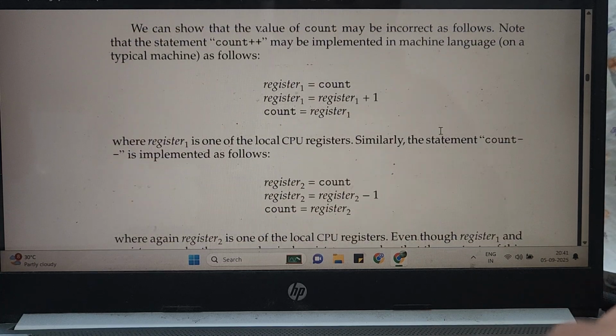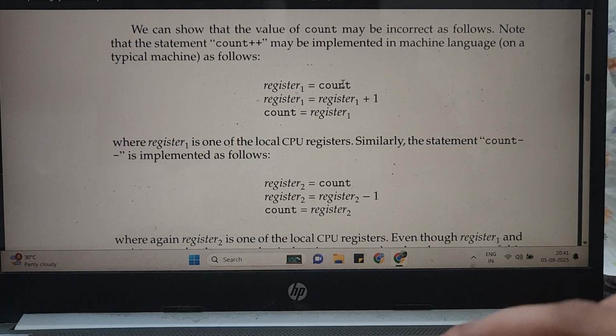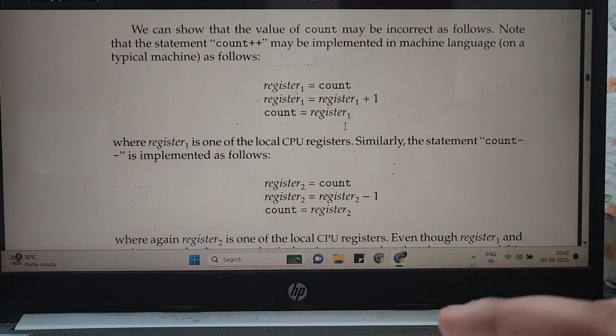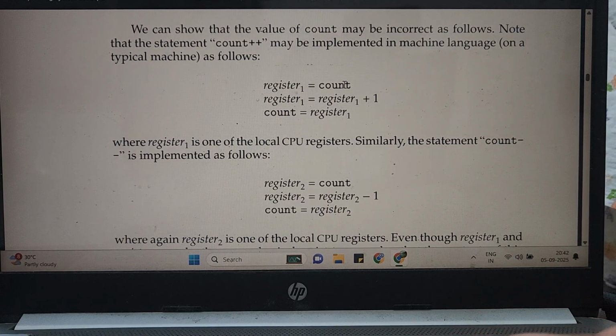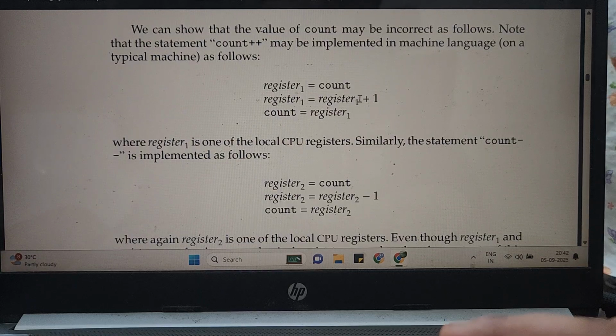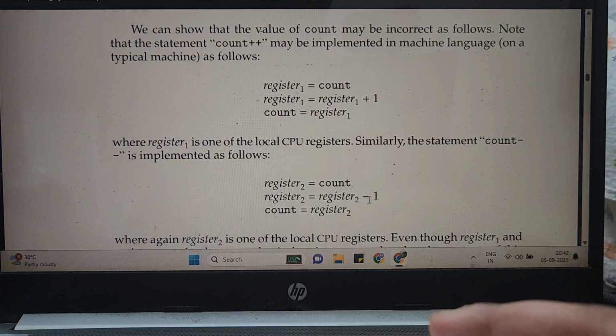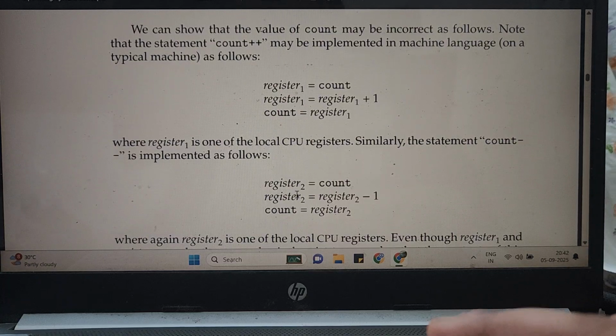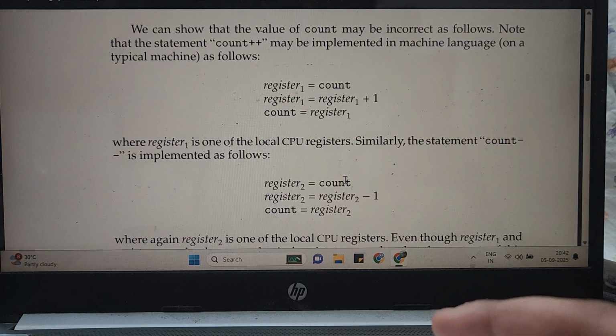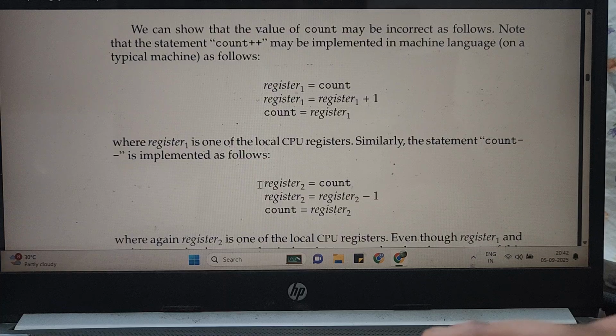Now if you see, ideally if these processes had been executed one after the other, if your count was initially a 5, then the increment would have resulted in a 6 and the decrement would have then resulted back in a 5. Or if they had happened in the reverse order, again it was initially a 5, the decrement would have made a 4, then the increment would have made a 5.